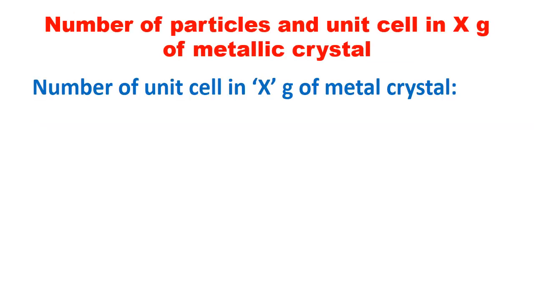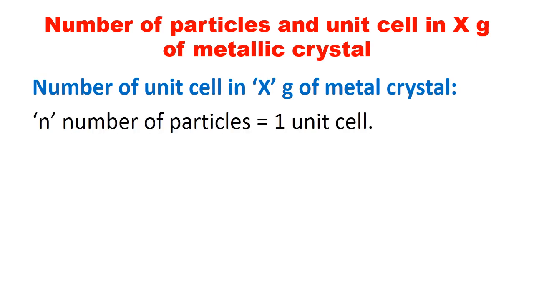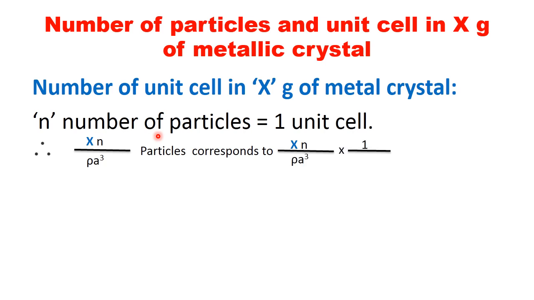Next we will calculate the number of unit cells in X gram of metal crystal. We know that n number of particles correspond to 1 unit cell. It means that in 1 unit cell n number of particles are present, and therefore X into n divided by rho a cube particles correspond to X into n divided by rho a cube into 1 by n unit cells.